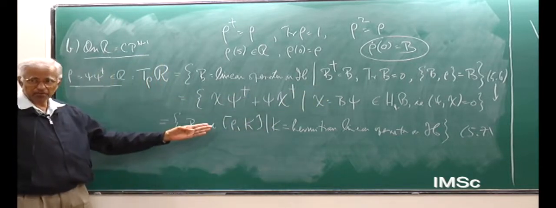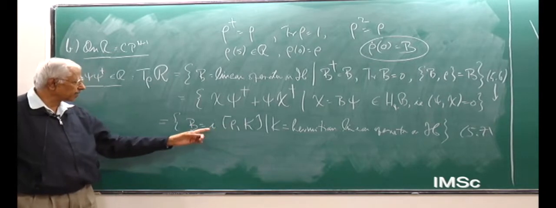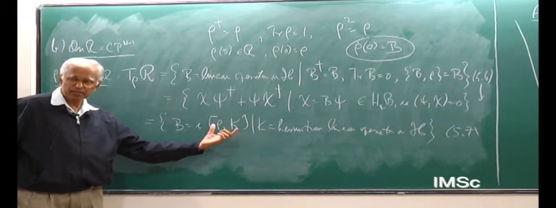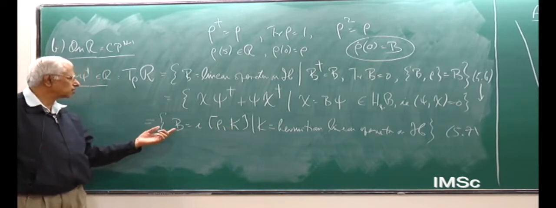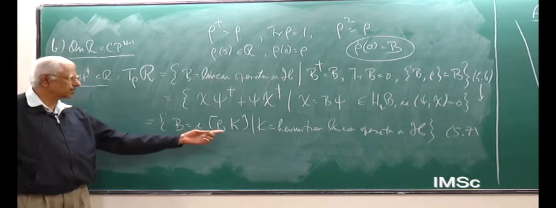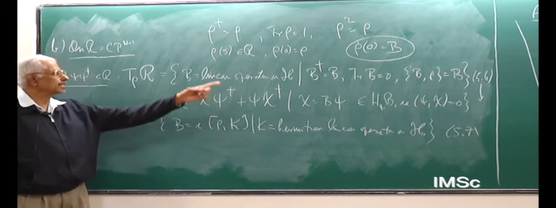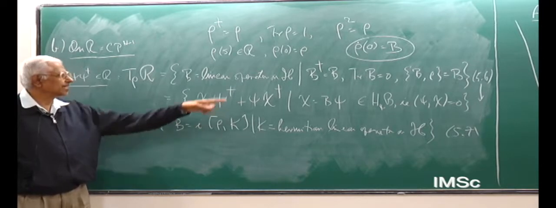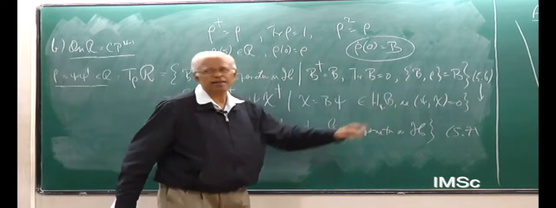Hermiticity is obvious. If rho is Hermitian, k is Hermitian, and I have an i in the whole expression. The commutator is anti-Hermitian, so i makes it Hermitian. So B is certainly Hermitian. Trace B equal to 0 is trivial because you have a commutator. The third one, you please work it out and see why this is satisfied.